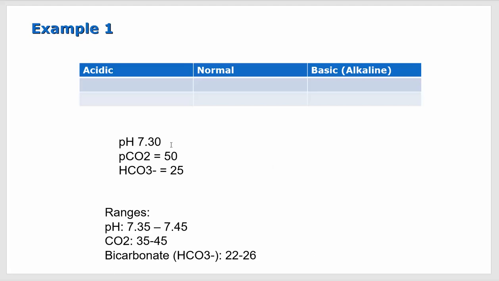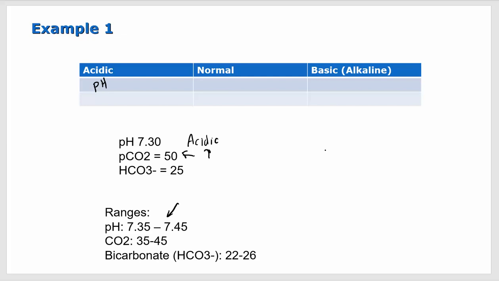All right, so pH is 7.3. If our normal is 7.35 to 7.45, we know that is acidic. So we say, here's the acidic side, that's definitely pH. Then we ask what's going on. My carbon dioxide level is high. It's supposed to be 35 to 45, and this is at 50.